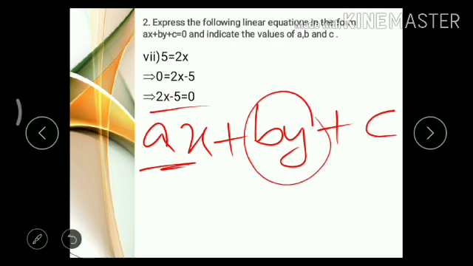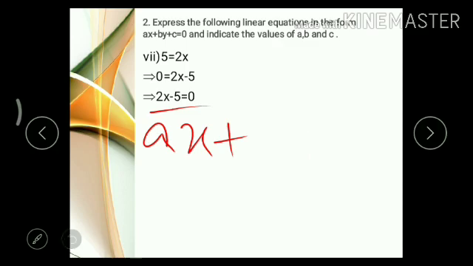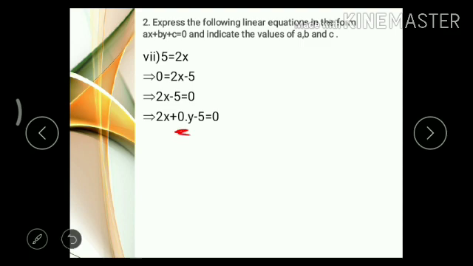So we shall arrange it such a way that we can write twice x plus 0y minus 5. 0y we shall write here, not only 0, because this is not a constant term. This is a variable term, and that term was missing in this equation. So we shall write twice x plus 0 into y minus 5. This dot represents multiplication, 0 into y minus 5.